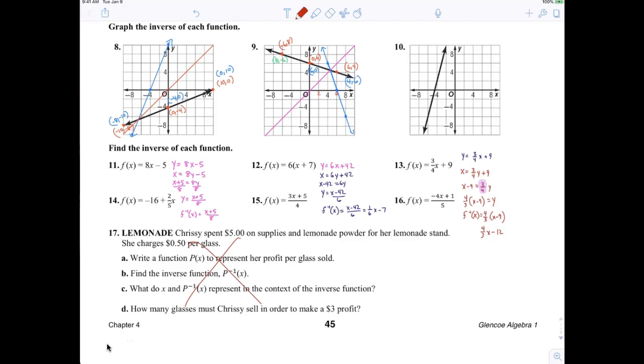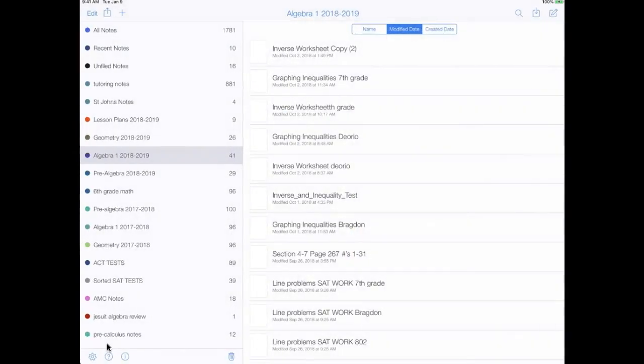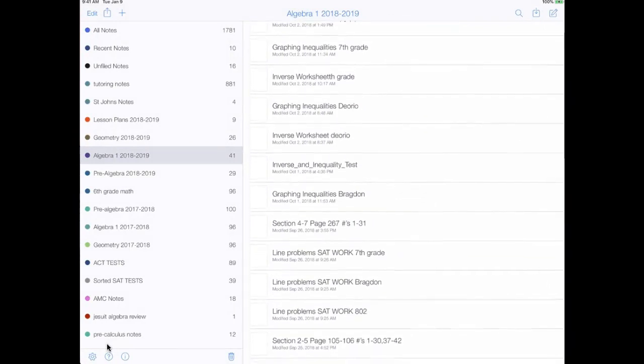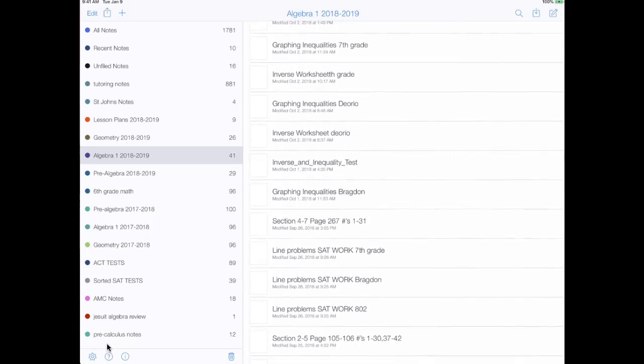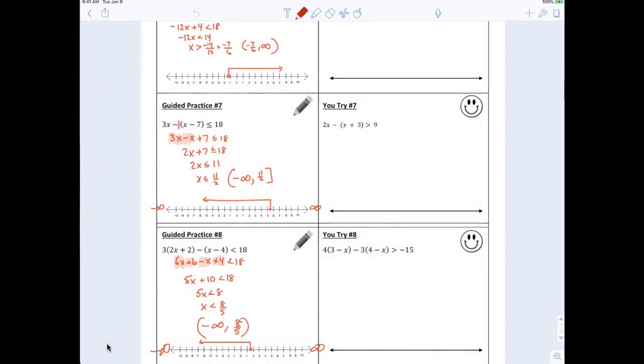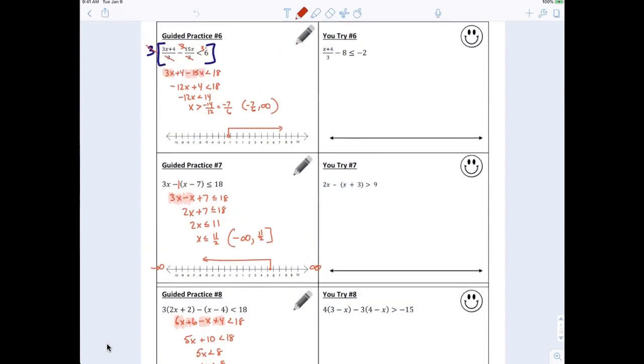Now what I want to do is jump back to our inequality. Would anybody like me to do a particular problem that you tried last night?